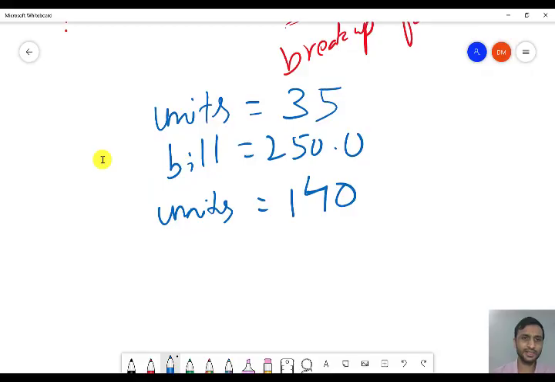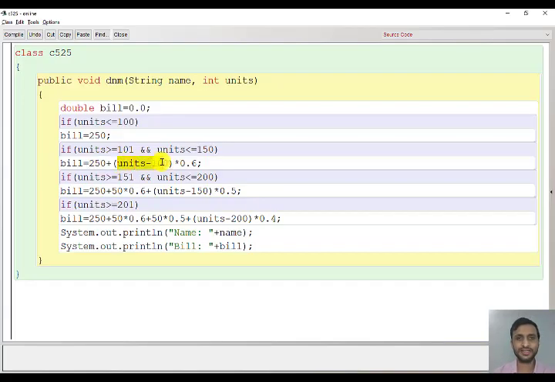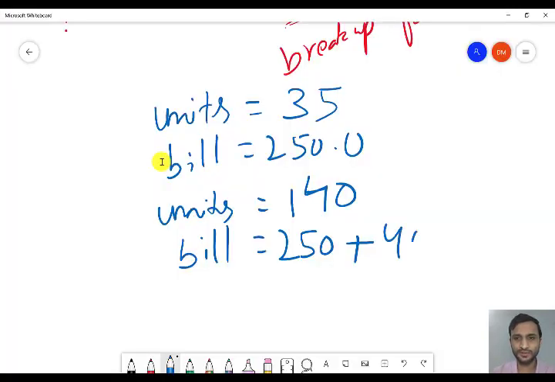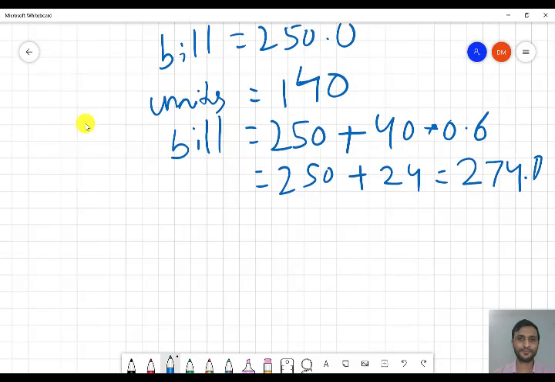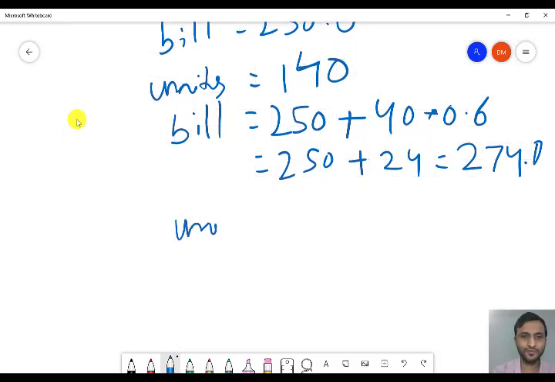For the first 100 it is 250, plus whatever is extra, 40 is extra, into 0.6. 250 plus, 40 into 0.6, 4 sixes are 24. The answer is 274. This is the final bill, 274.0 because it is double. Next, if the units consumed is 180.